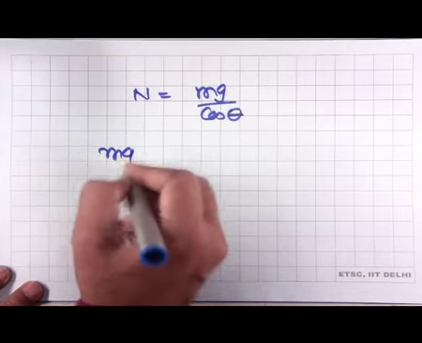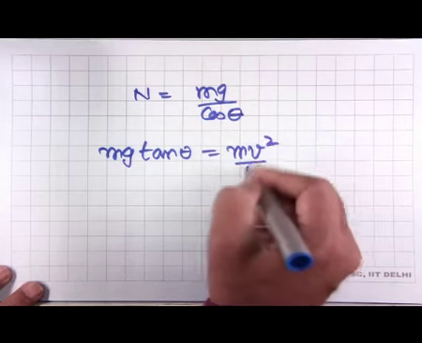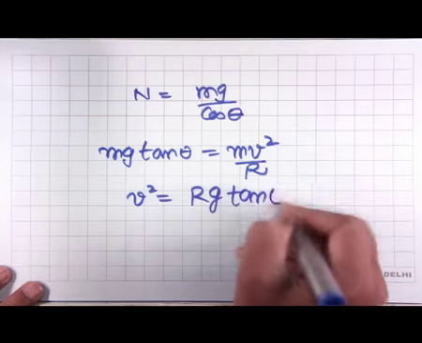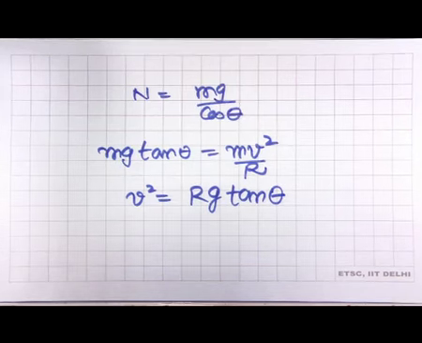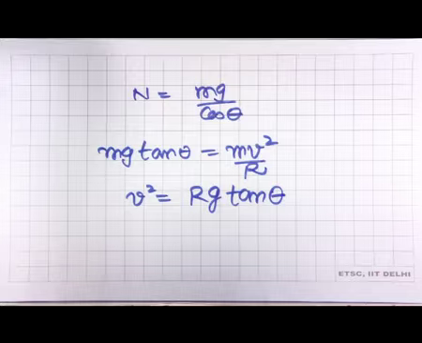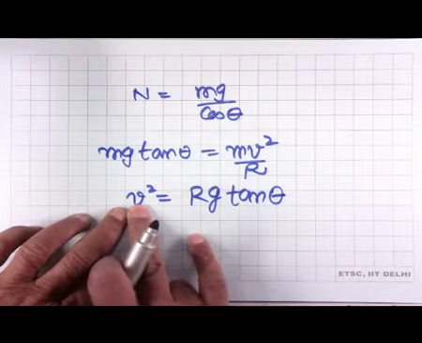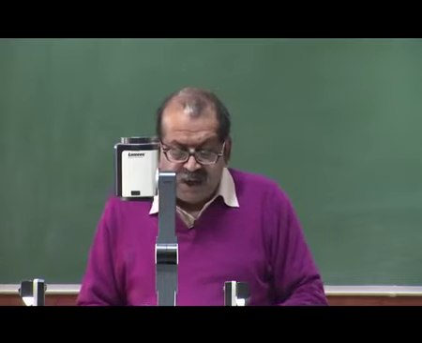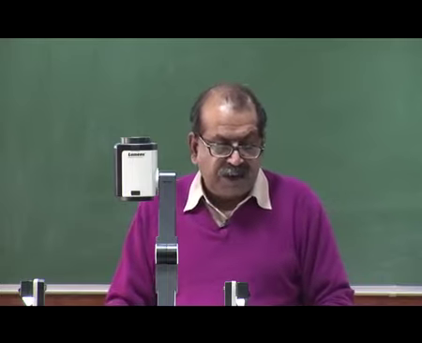So, mg tan theta is equal to mv square upon r, and we get v square is equal to rg tan theta, the same as we got in the case of a pendulum. Therefore, we can work out the angle of banking: tan theta is equal to v square upon rg gives that angle of bank, so that if the car goes with this speed and the radius r, the road will be designed so that there will be no skidding, and the normal reaction itself will provide the force for the centripetal acceleration.